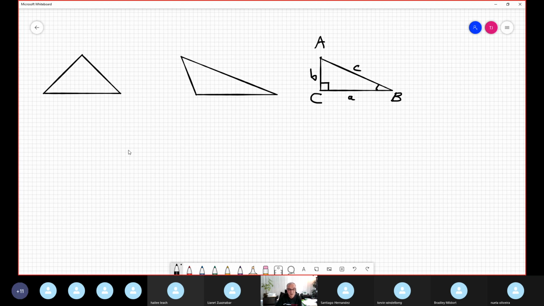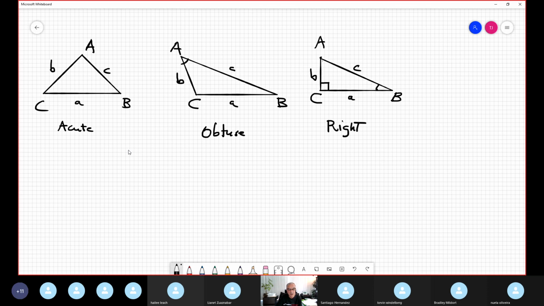This is the angle C, this is the side C. This is the B side. This is capital A angle, and this is side A. This is an acute triangle. This is obtuse. And this is right.